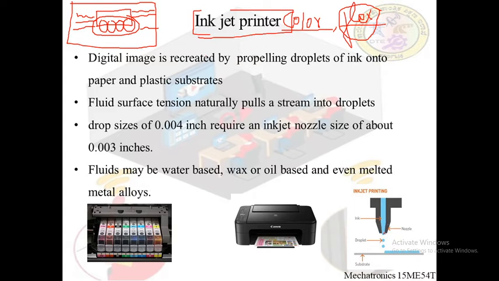Here we are able to see in this diagram a jet of ink from the nozzle is directed on the substrate or the paper. For example, we have a nozzle here from which a particular colored ink is flowing. Let us say this is the nozzle.